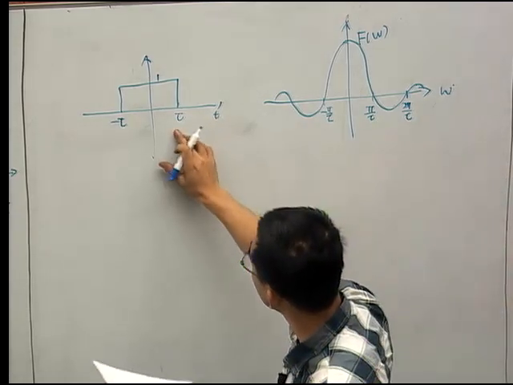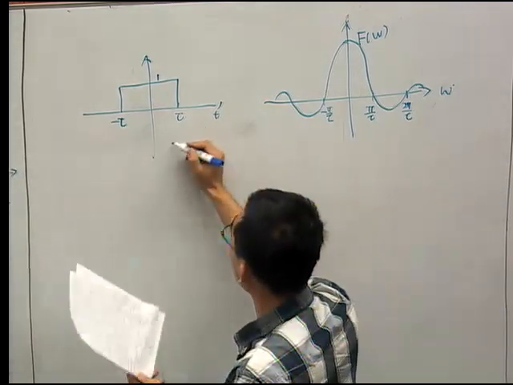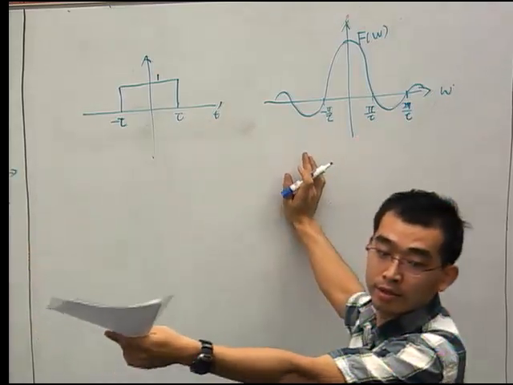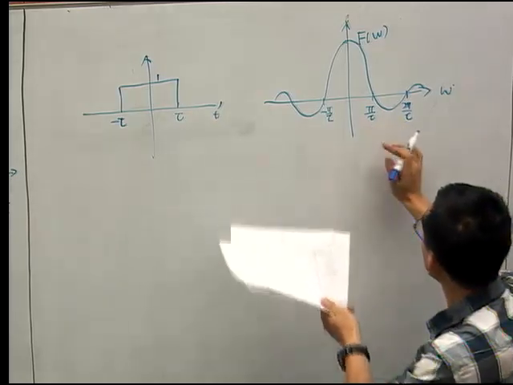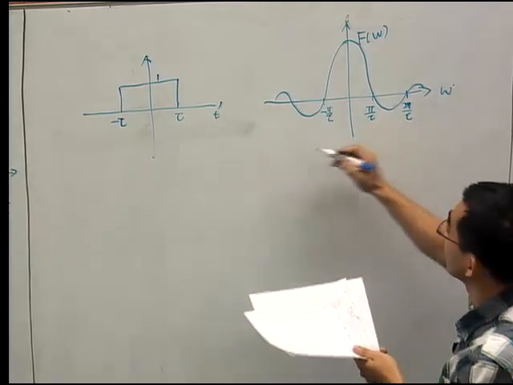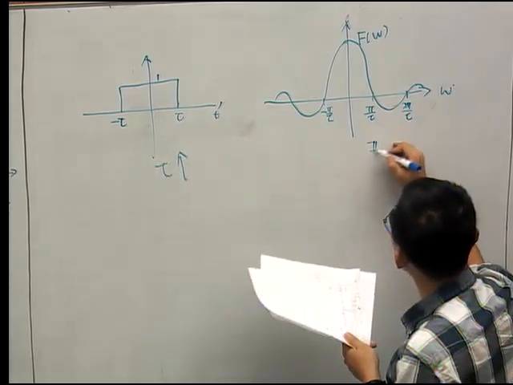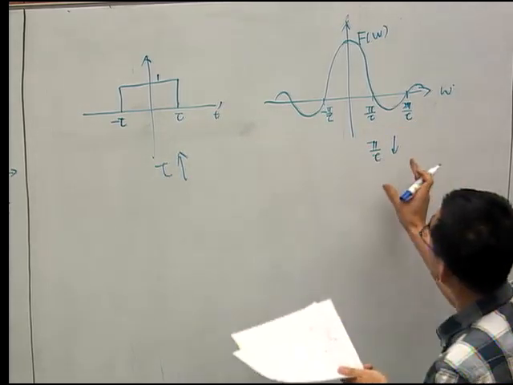Now, if you increase this tau, this will get longer, right? And I mean that if tau increases here, this pi over tau decreases, right?